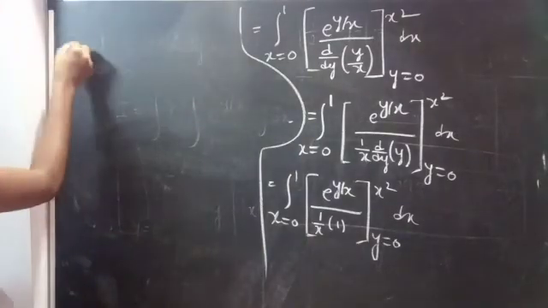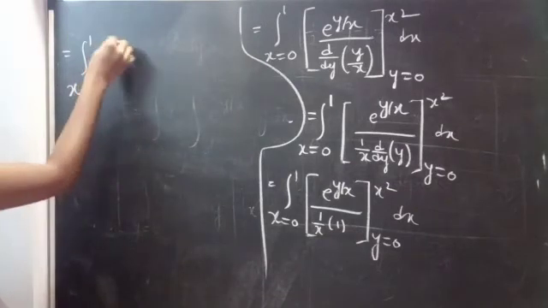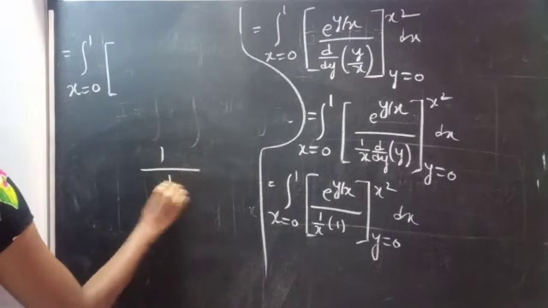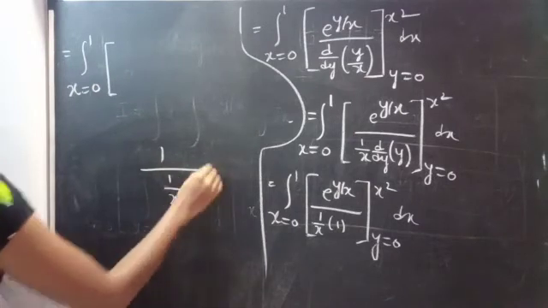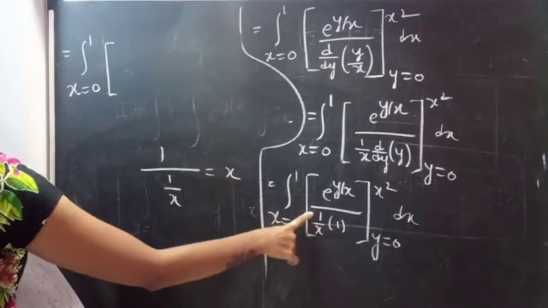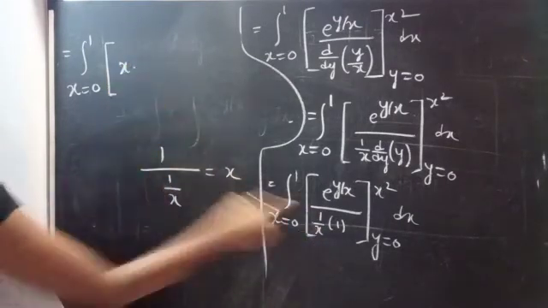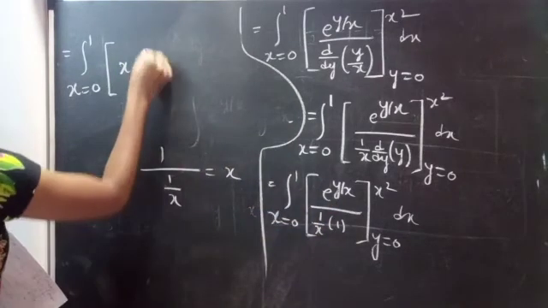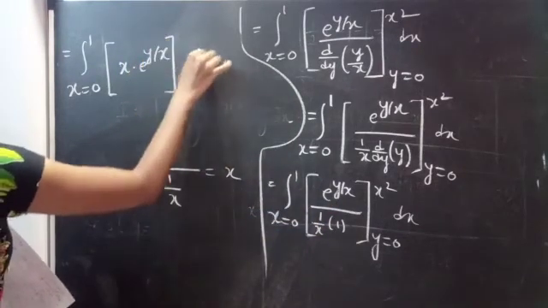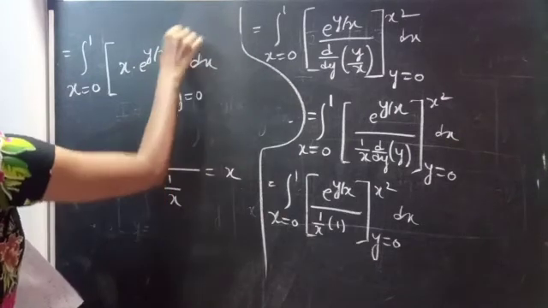So this equals the integral x equals 0 to 1, of 1 over x, which is x. So you can write 1 by x as x, into e power y by x dx, under limits y equals 0 to x square.